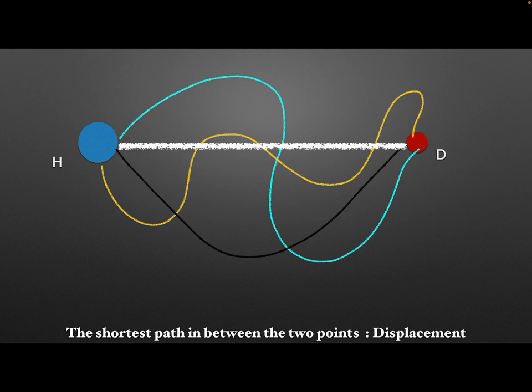But when you are moving along the straight white path, you are also covering a distance. So displacement is also a distance. You have to remember that. So there is a relation between distance and displacement. To understand more clearly, we have to do a problem on displacement and distance.